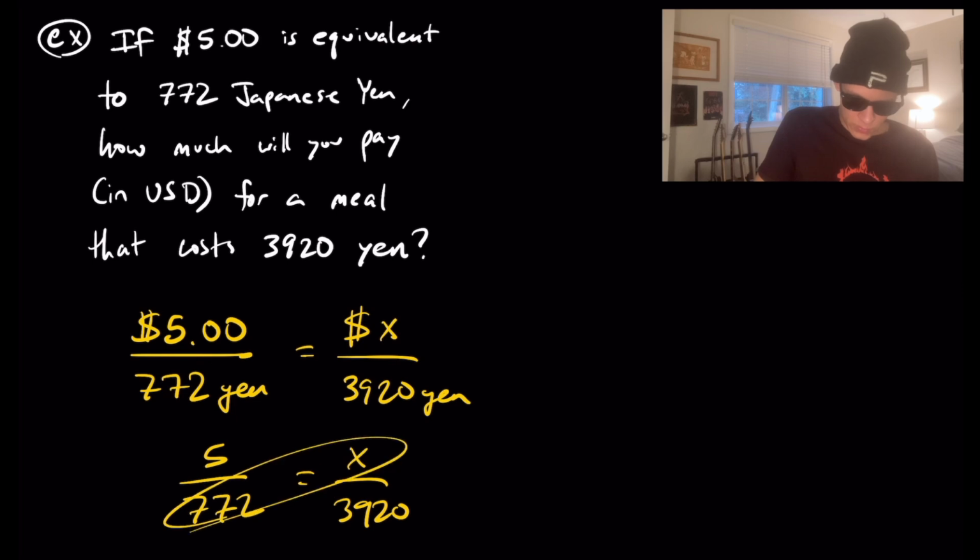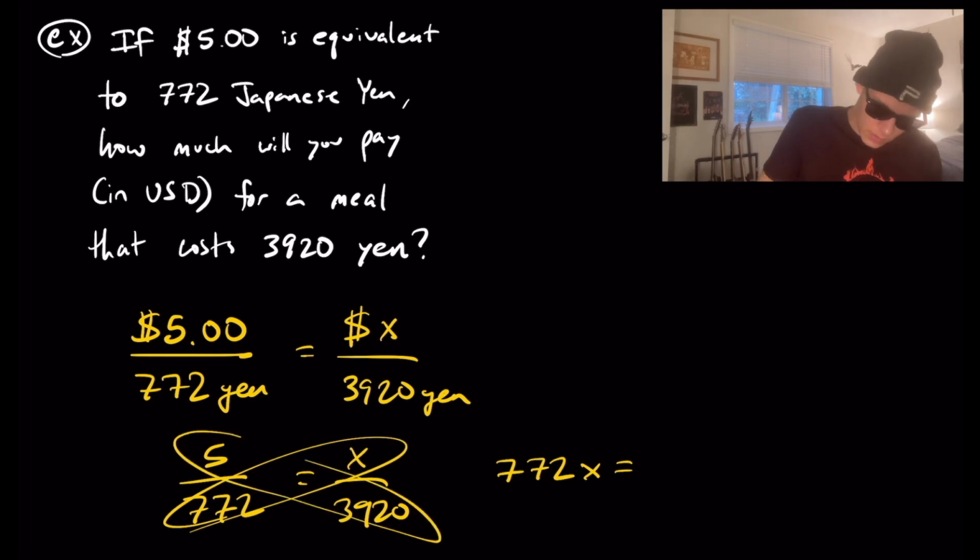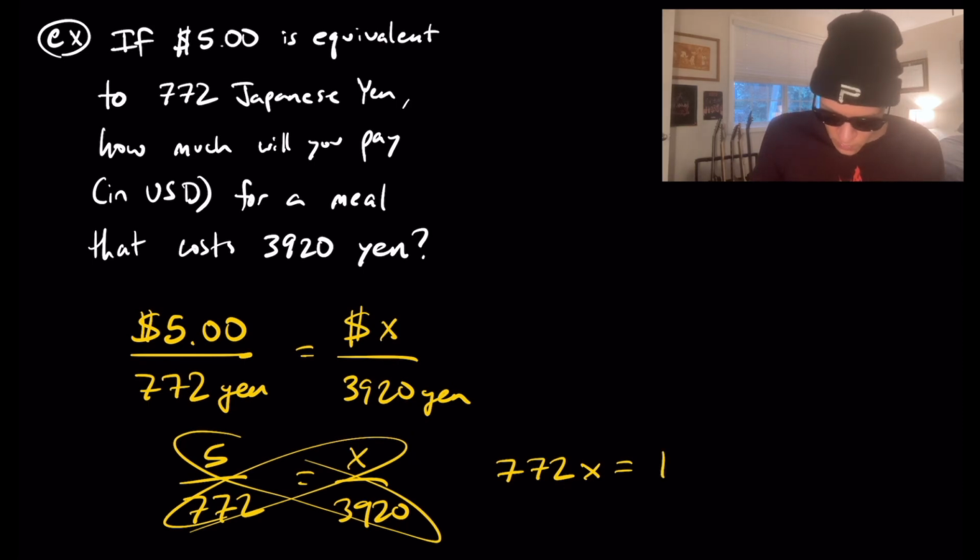And we'll do cross product. So x times 772 is going to be 772x equal to 5 times 3,920, which is going to be 19,600.